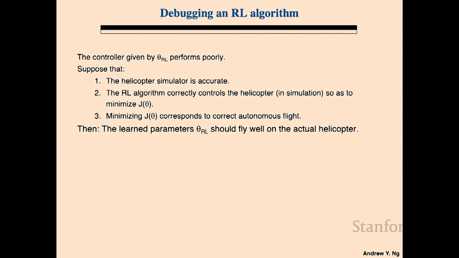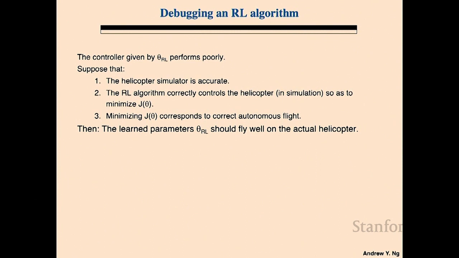Suppose that, corresponding to the 3 steps in the previous slide, the helicopter simulator was accurate, the learning algorithm correctly minimizes the cost function, and J of theta is a good cost function. If all of these things were true, then the learned parameters should fly well on the actual helicopter.